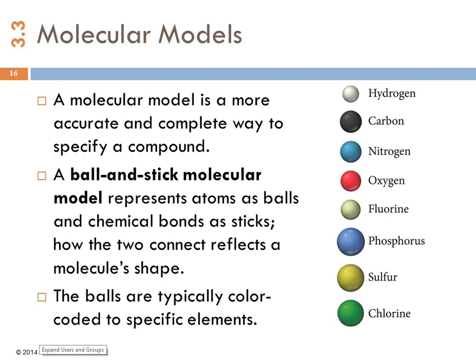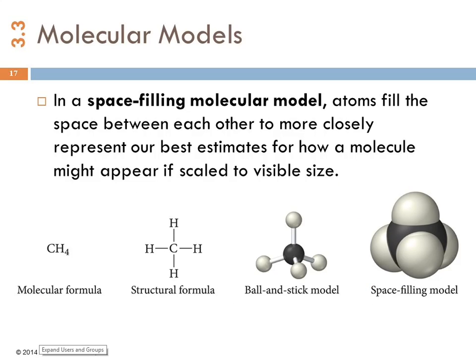We also make use of models in chemistry. A model is just a representation of what the molecule looks like. So ball and stick model uses balls and sticks. We typically have specific colors for the different elements, but that's not universal. So here's an example of a ball and stick model. This is going to show more information than the structural because this is three-dimensional.